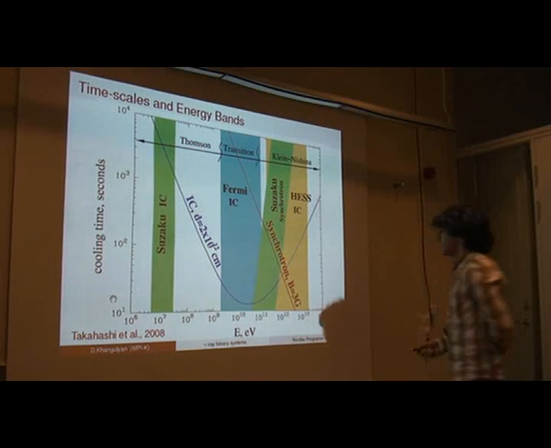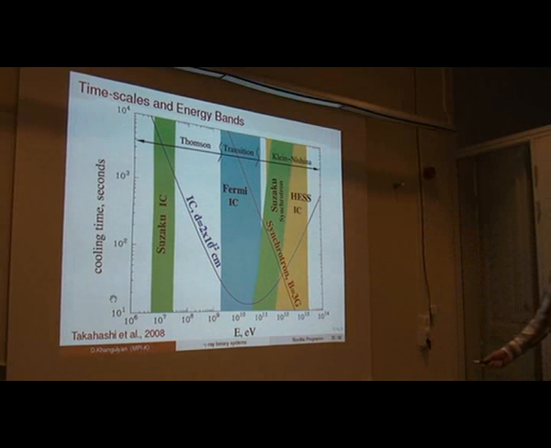Here is the energy of the electron, the parent particle. This region may be responsible for the H.E.S.S. observation, and this region should be responsible for the Fermi detection. In the case of Suzaku, there are two possibilities: either it's produced by inverse Compton in the Thomson regime, but most likely it's produced by synchrotron.